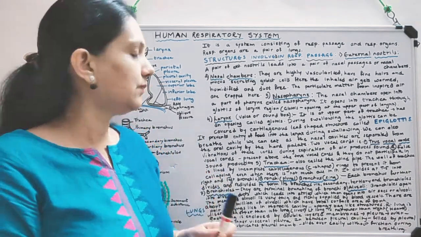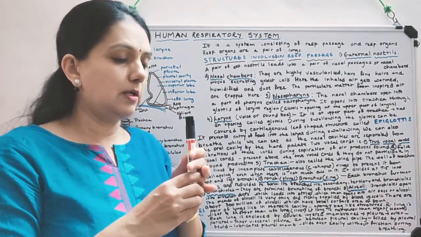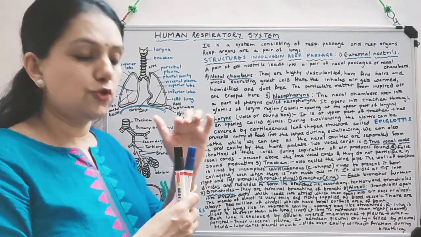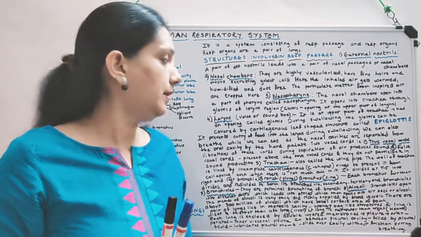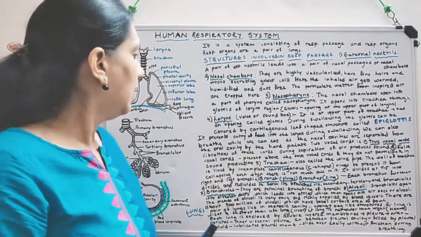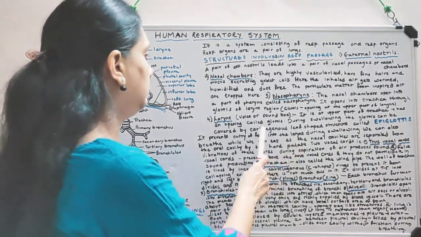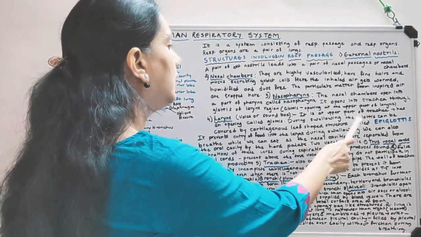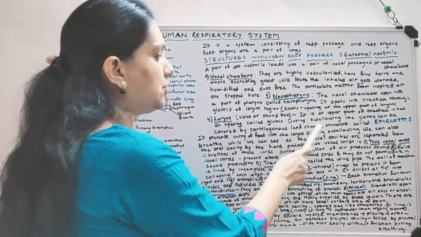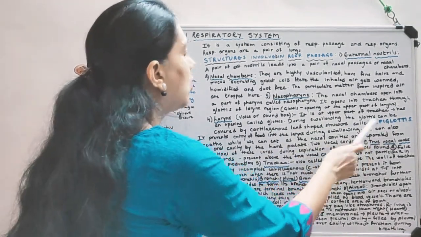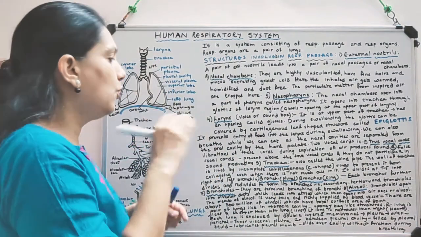But when you are swallowing, this part needs to be closed so that food does not enter the windpipe. So here I have written, during swallowing, the glottis can be covered by a cartilaginous leaf-shaped structure called epiglottis. So this is closed.